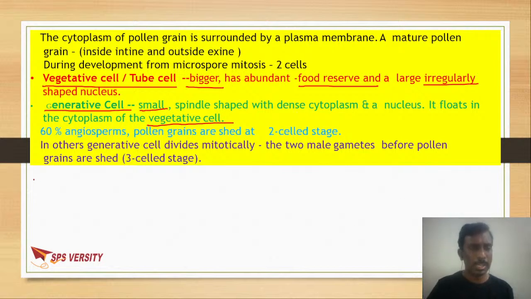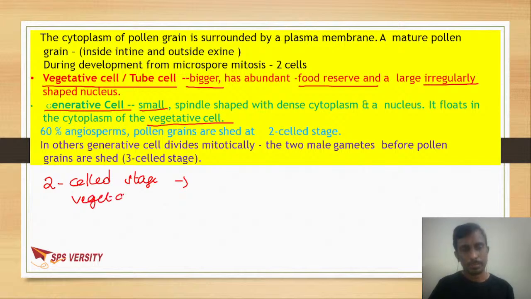So when the pollen grain is at this stage, having one vegetative cell and one generative cell, it is called the two cell stage. At this stage, the pollen grains come out of the anther in most of the plants, that is, in 60% of angiosperms.